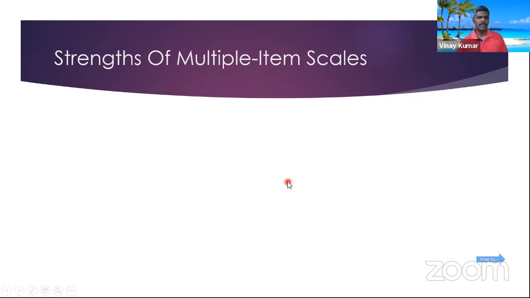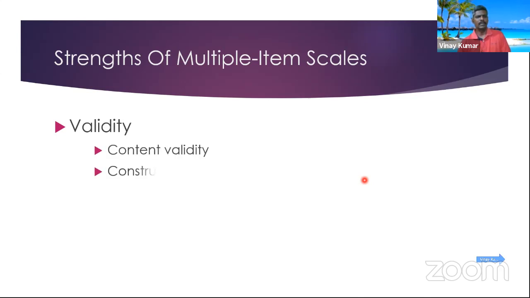Here we'll understand some of the strengths of the scales that we have seen till now. Whether the scale is valid is a very important question to be asked. Validity can be understood with respect to content validity, construct validity, and predictive validity.